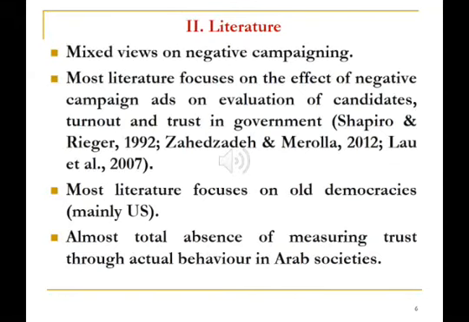Generally, trust is a concept that is over-researched in the West, but very much under-researched in our region, in Arab societies and the Arab world. And by the time we did the experiment in 2014, there were probably only two or three previous studies that measured trust in a lab, as we did, before us.